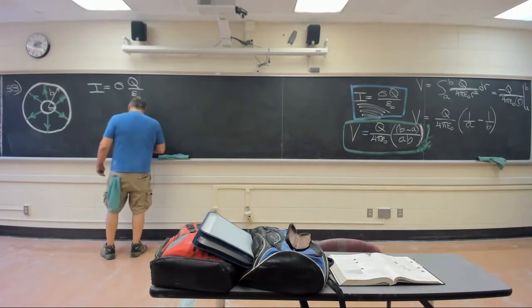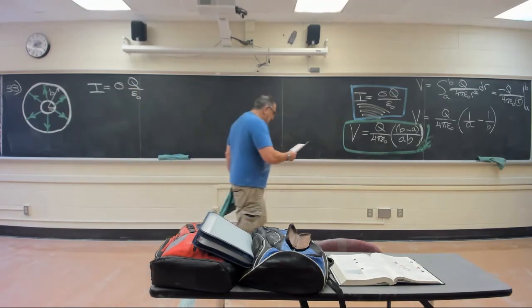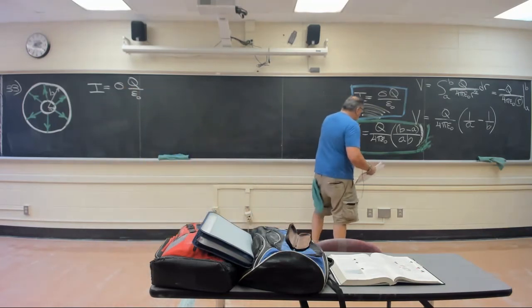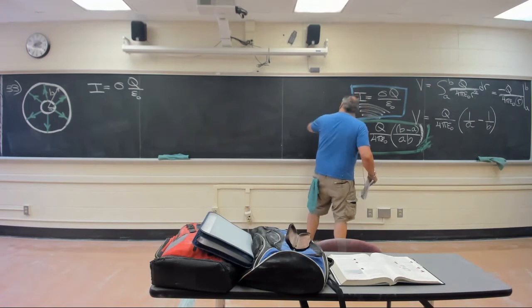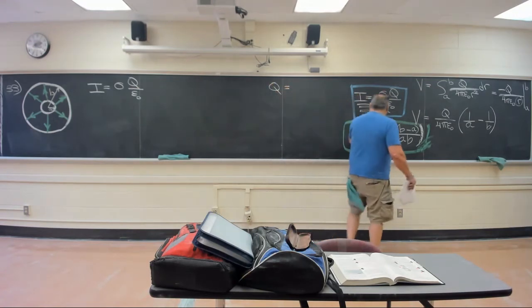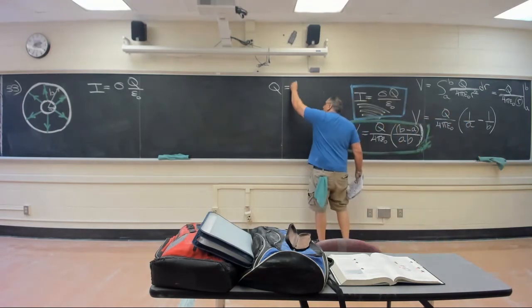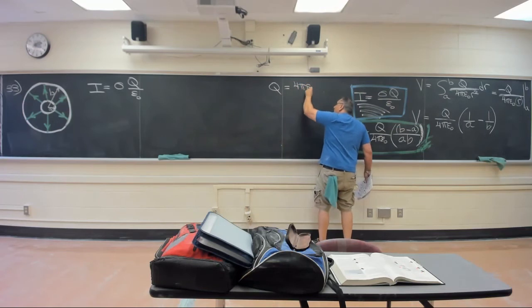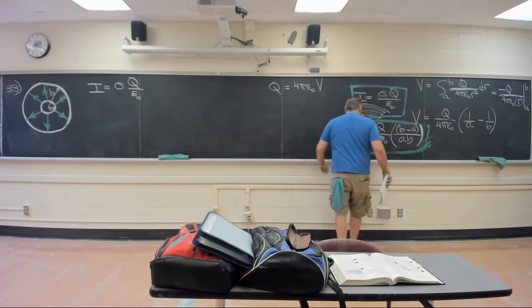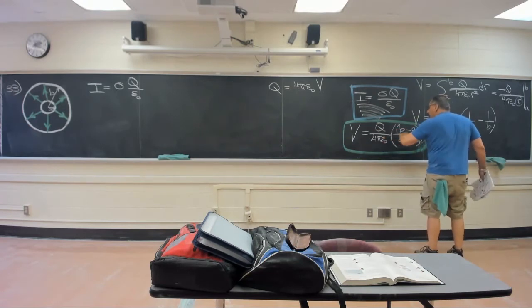So what do you want to say about this? Well, the way you want to look at it is just solve for Q, given all this stuff you've gotten. Leave Q alone, multiply V by 4 pi epsilon naught, and then multiply each side of this equation by 4 pi epsilon naught.